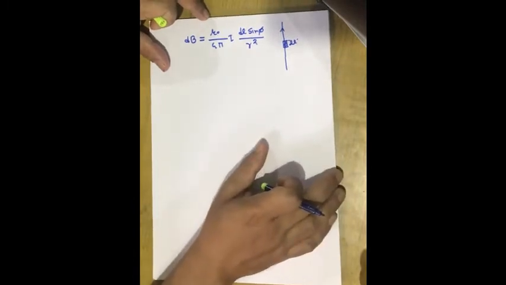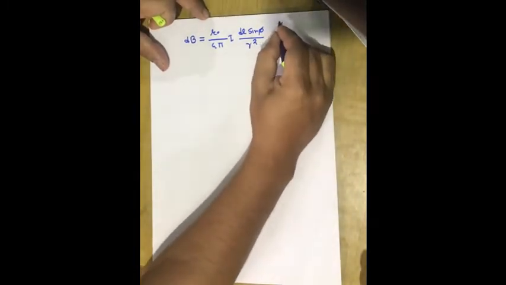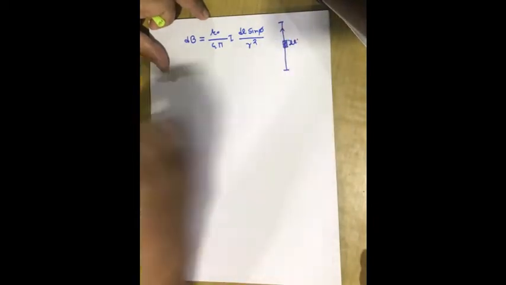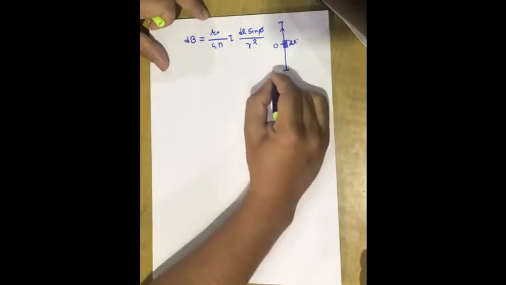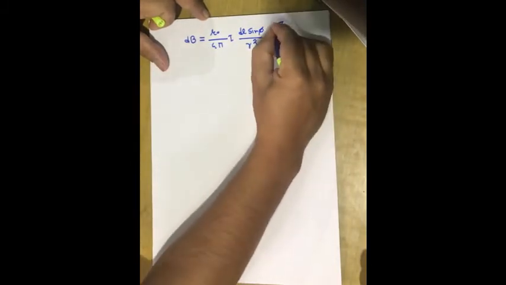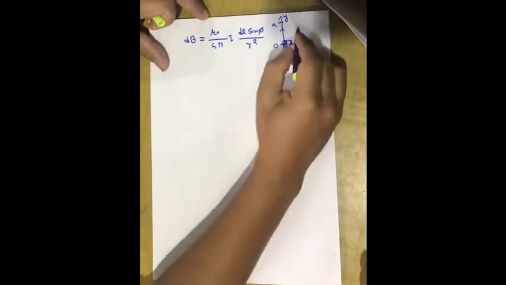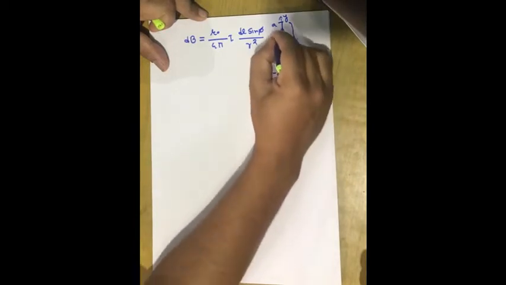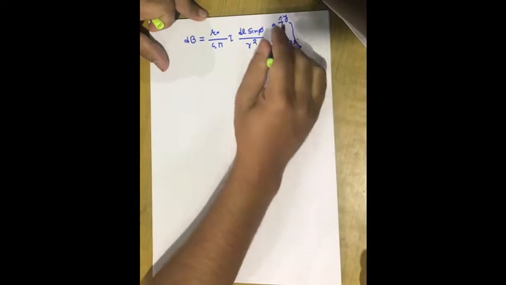In this class we are going to determine the magnetic field due to the whole conductor. Suppose this is the center, and the conductor length is from minus a to plus a in the y direction. We have to determine the magnetic field due to a current I flowing through this conductor of length minus a to plus a.